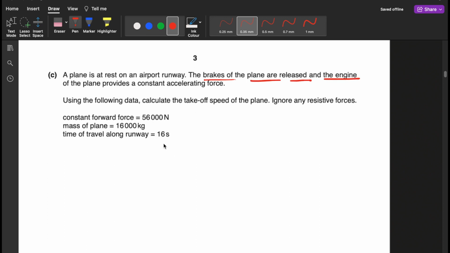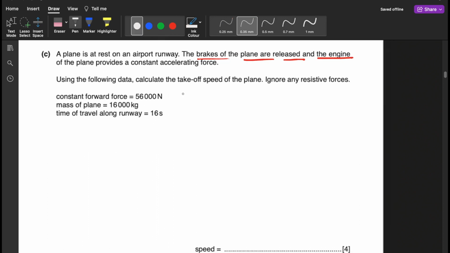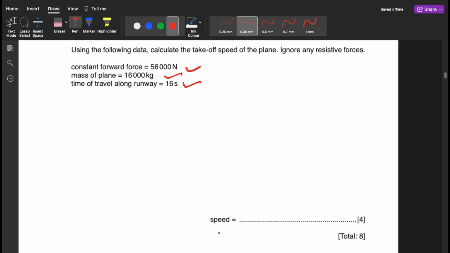This is the data they have given. Ignore the resistance. They have given the force value, the mass of the plane, and the time of travel along the runway, and they are asking what the speed will be after that much time, correct?